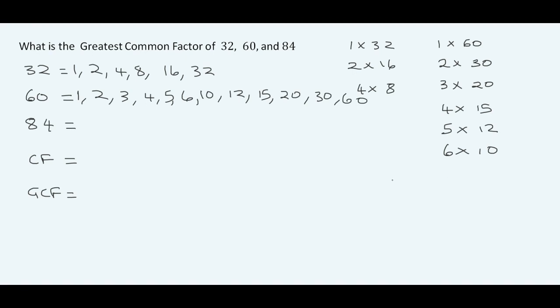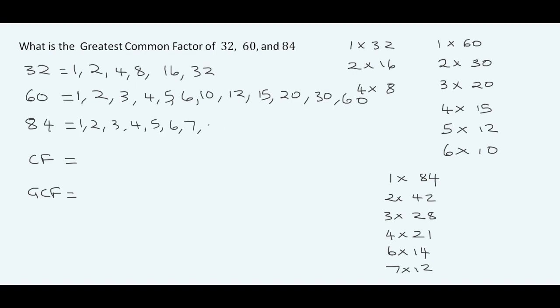And then for 84, we have 1 multiplied by 84, 2 multiplied by 42, 3 multiplied by 28, 4 multiplied by 21, 6 multiplied by 14, 7 multiplied by 12, and so we have 1, 2, 3, 4, 6, 7, 12, 14, 21, 28, 42, 84.